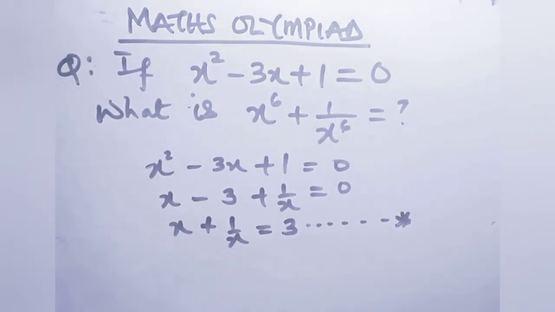Now, what are we going to do to these so that we can be getting close to x raised to power 6? The first thing we are going to do is to cube both sides of equation asterisk. So cube both sides, x plus 1 over x all raised to power 3 equals to 3 raised to power 3. Now, what are we going to do next?